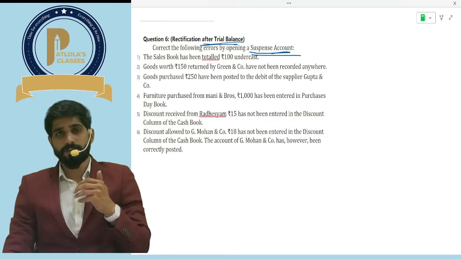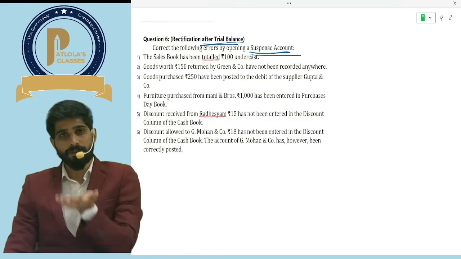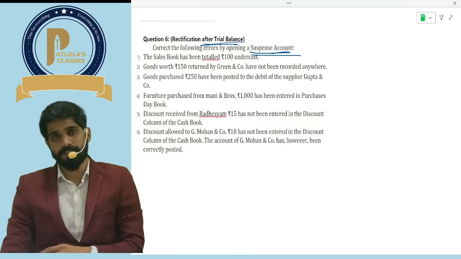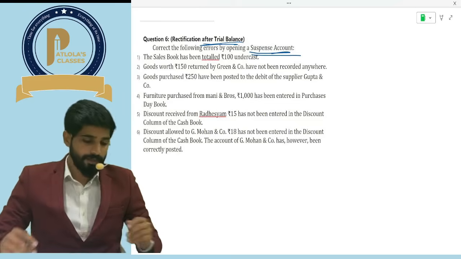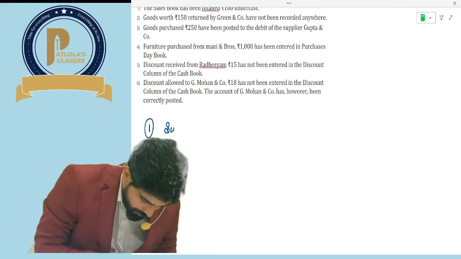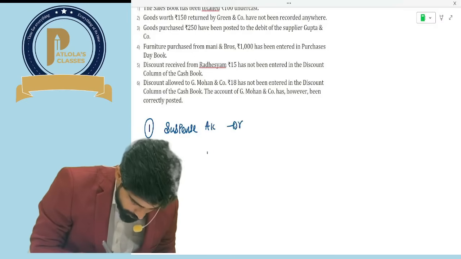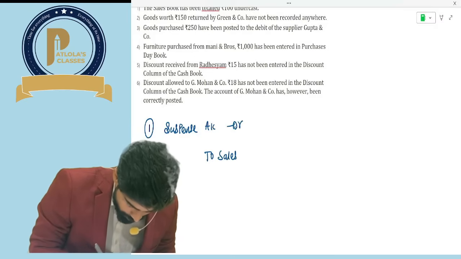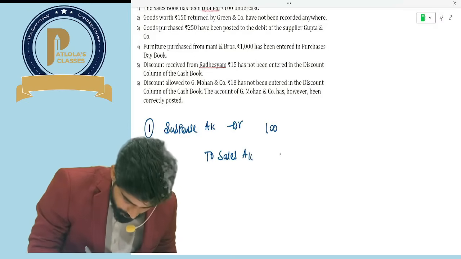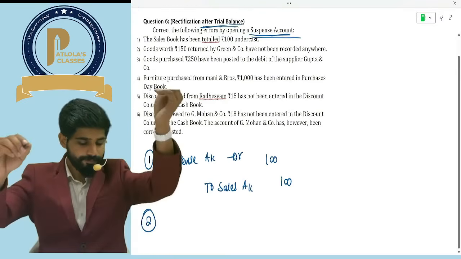Now that we are rectifying the error, suspense should be cancelled by debiting, and in order to increase the sales, we need to credit the sales. So sales account has to be credited. So the rectification entry will be suspense account debit to sales account. How much? 100.